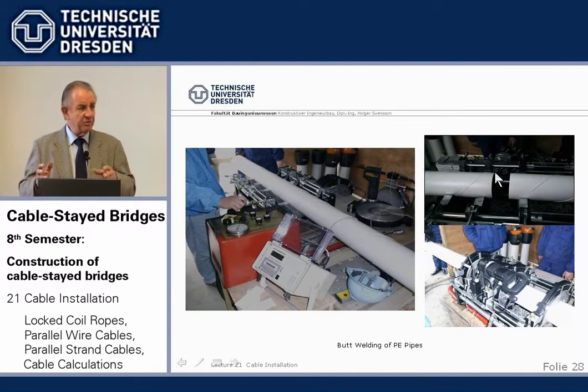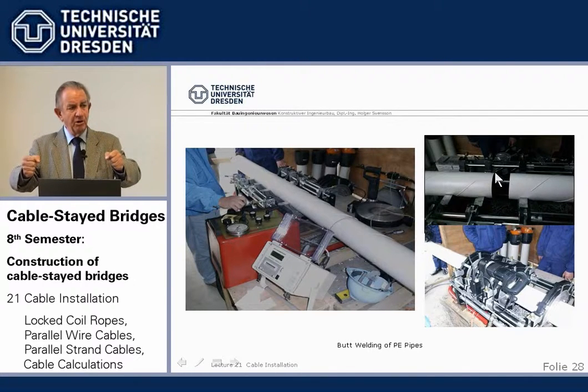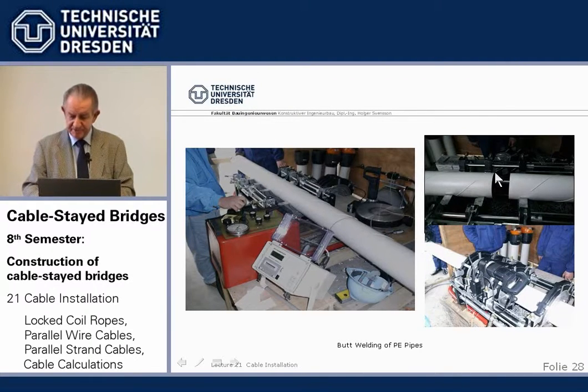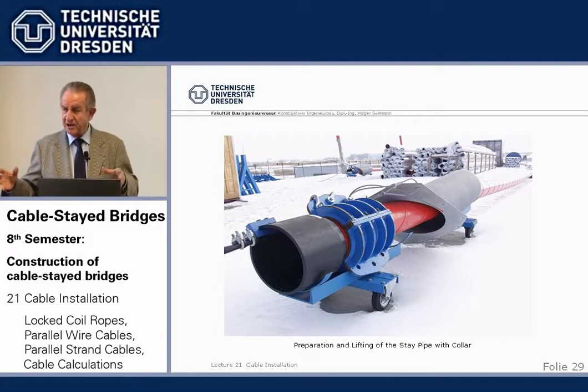That means once we pull at a test PE pipe with a weld in the middle, the pipe should not fail in the weld, but somewhere left or right. So we have now welded together the long PE pipe. Now we have to lift it up.